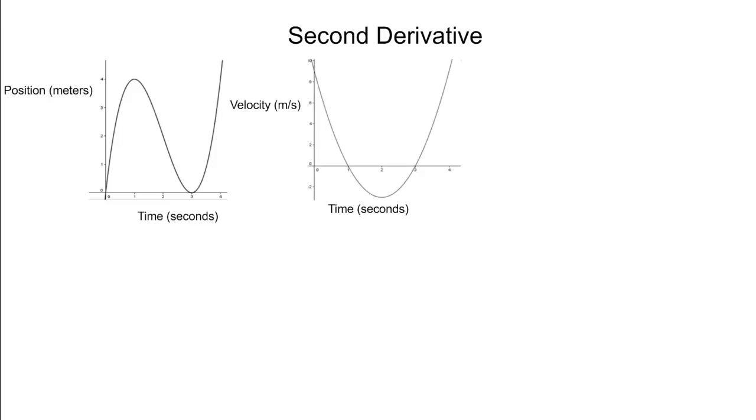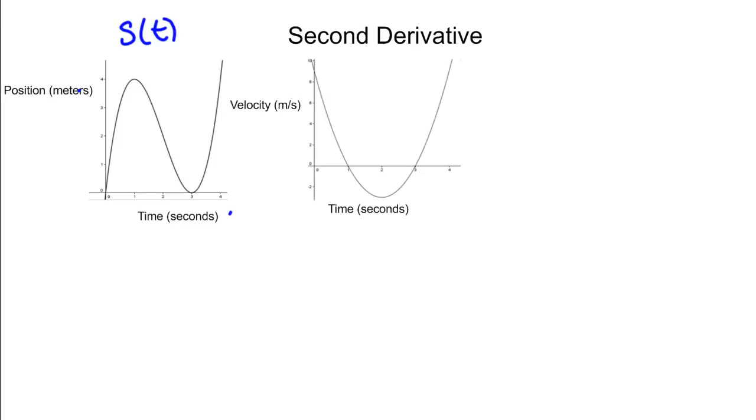All right, now let's talk about the second derivative. What do you think the second derivative will tell us? Well, let's see. So we start off with a position versus time function. And when we took the derivative, if this was s of t, our position function, then our derivative gave us a velocity.